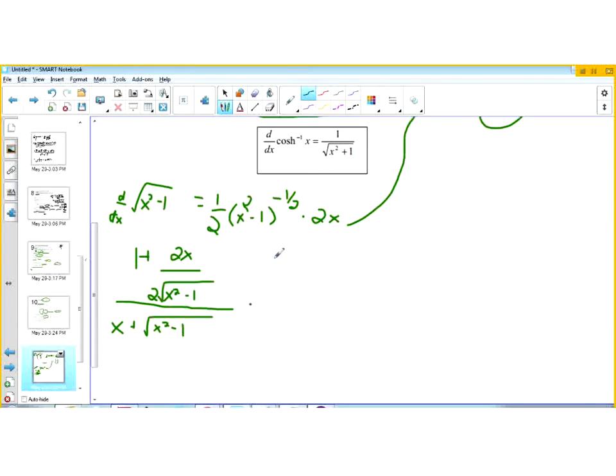So what I'm going to do is multiply upstairs and downstairs by this term right here, so I can get rid of it.